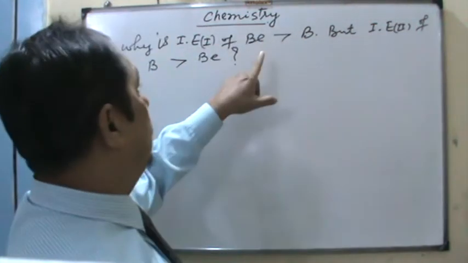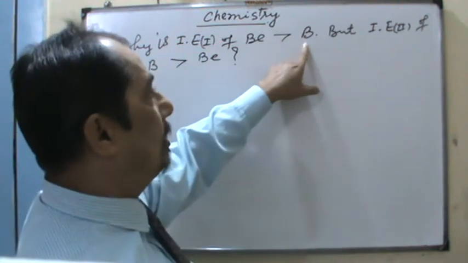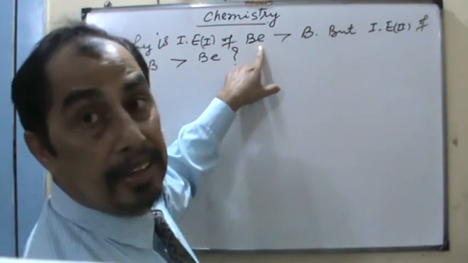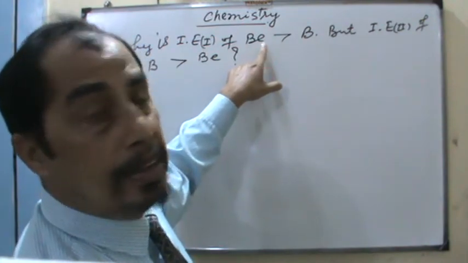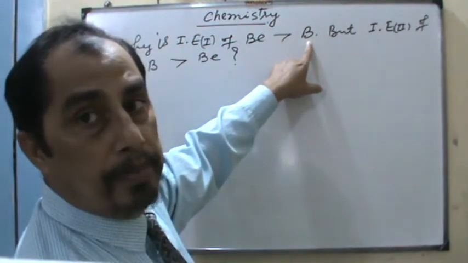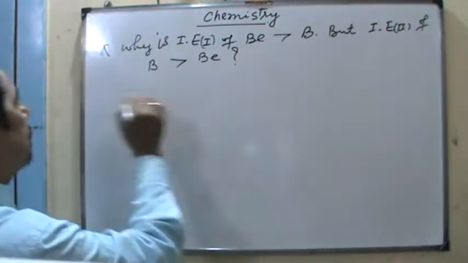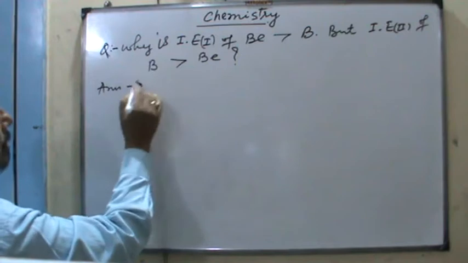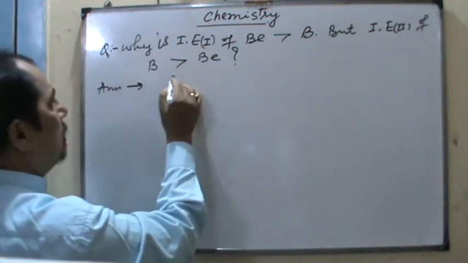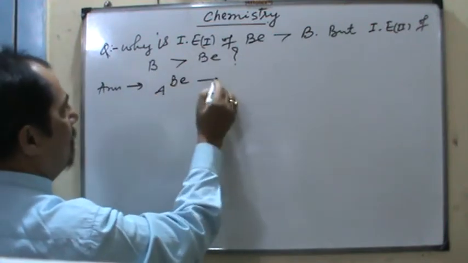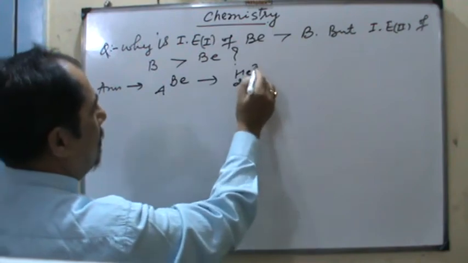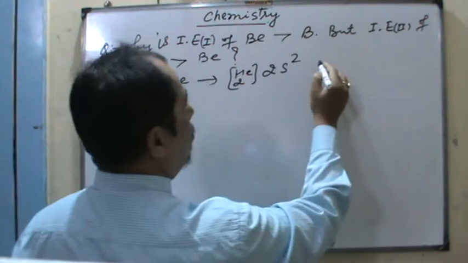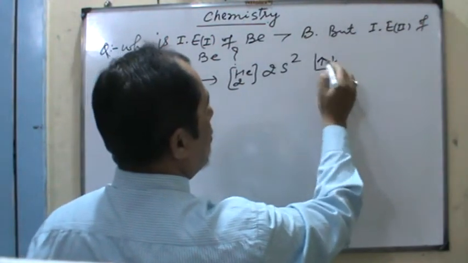Although the atomic size of beryllium is greater than boron, so its ionization energy is supposed to be smaller than that of boron. Actually, it is based on the electronic configuration. Beryllium is the helium inert gas core plus 2s2, so its orbital is exactly fully filled.